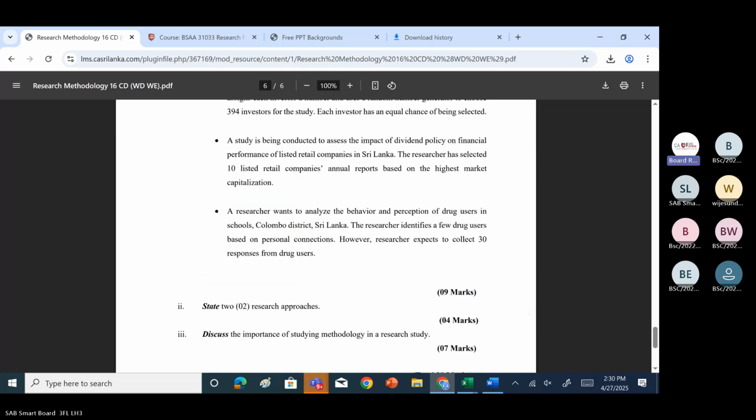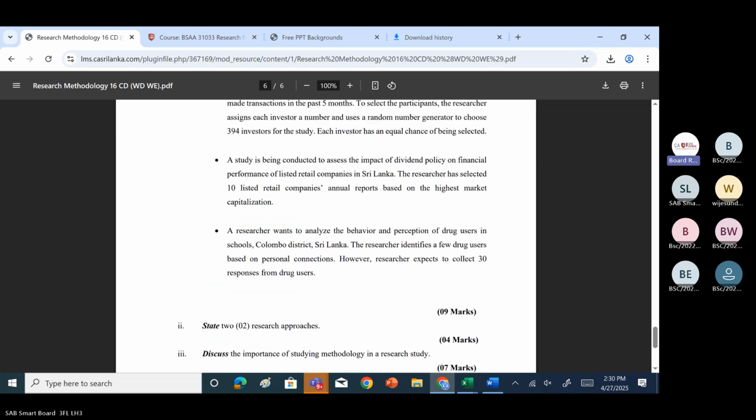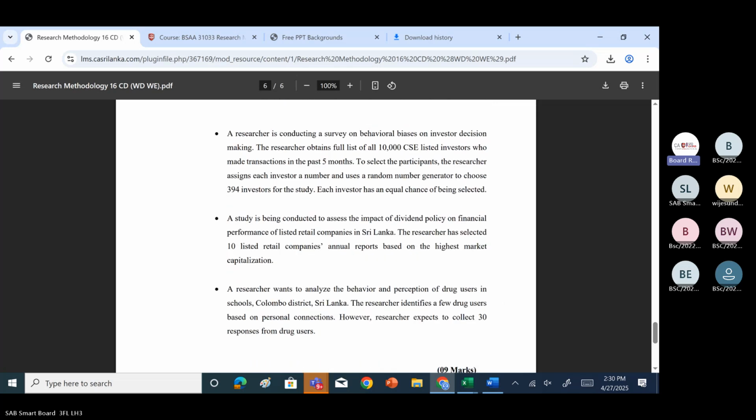Sometimes I'm dividing this question number 6 into 2 questions. I'm taking data collection and sampling as one, and the methodology as another question as well. Therefore, there is a possibility of doing that.